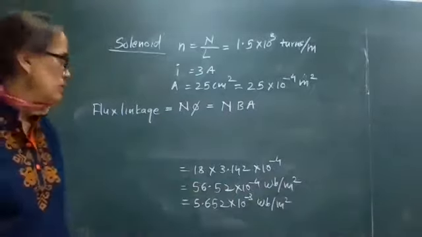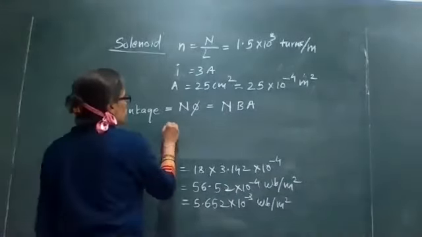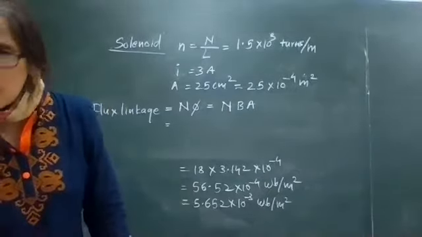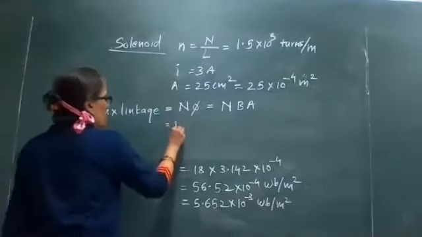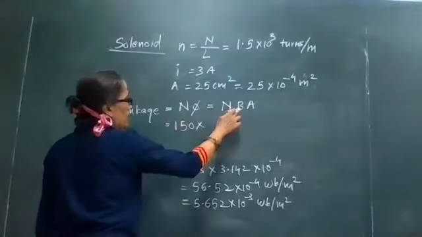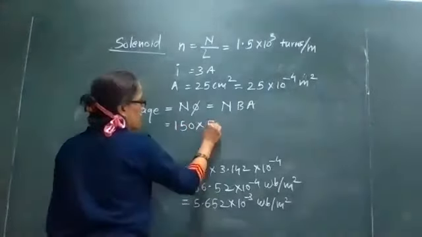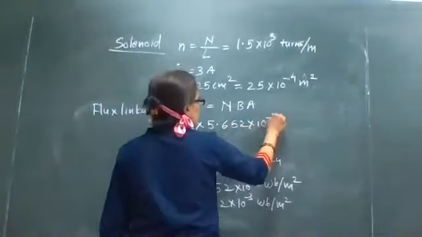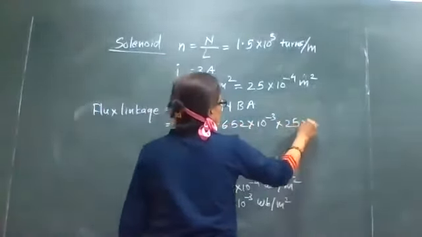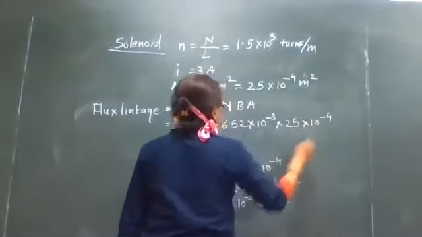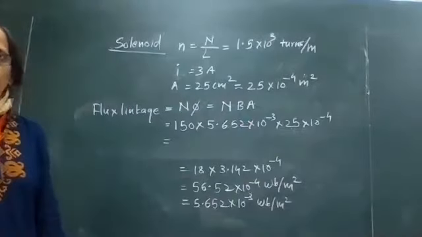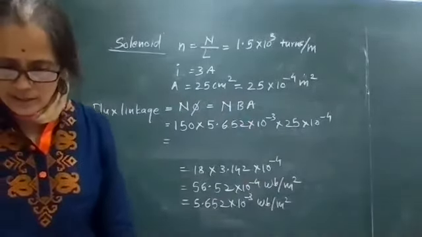You have all values. The number of turns is 150, multiplied by the B value you just calculated, 5.652 into 10 raised to minus 3. Area is 25 into 10 raised to minus 4. Just do this one. That is nothing but your flux linkage.